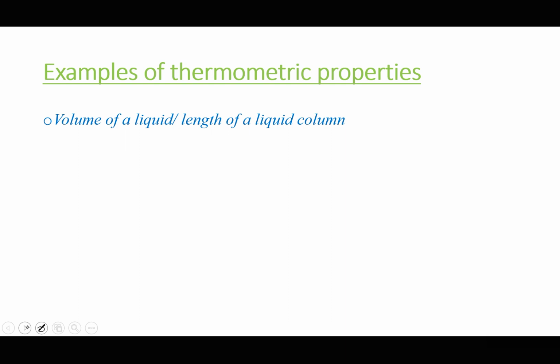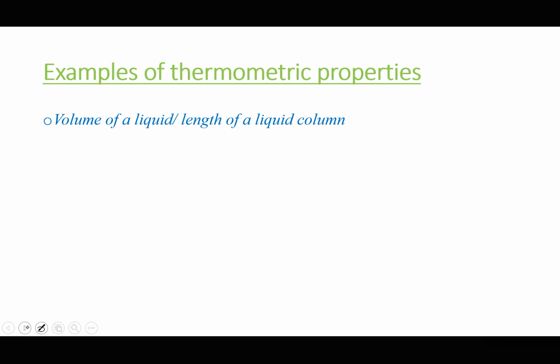Most liquids or many liquids expand when the temperature increases. For example, you have seen mercury in a glass thermometer. When you place it in boiling water, you see the mercury inside rising because the volume is increasing, or the length is increasing, as the temperature increases. So the property here is the volume of the liquid or the length of the liquid column.